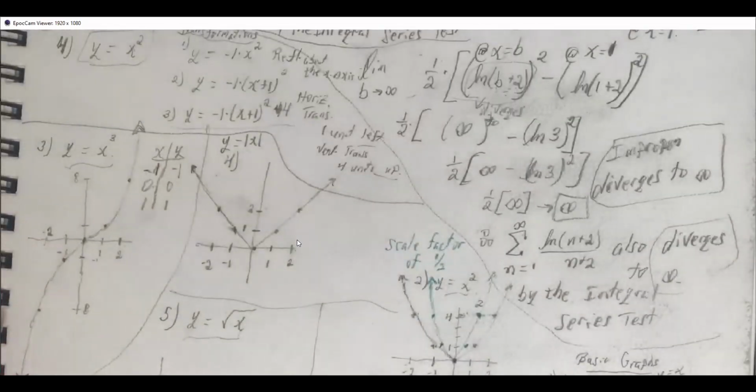Remember our absolute value parent function is this, and the key points are 0, 0, over 1, up 1, left 1, up 1, over 2, up 2, like that. And now there's a multiply 2 right there inside the absolute value function next to the x.